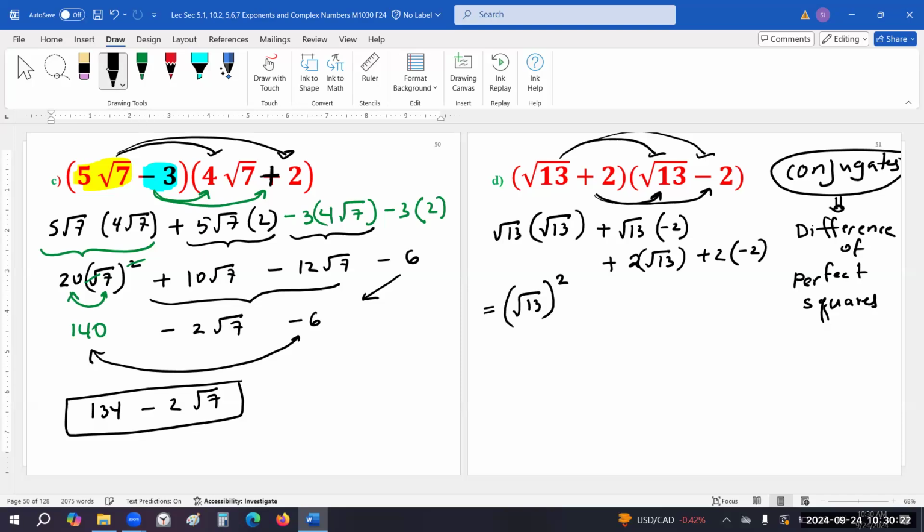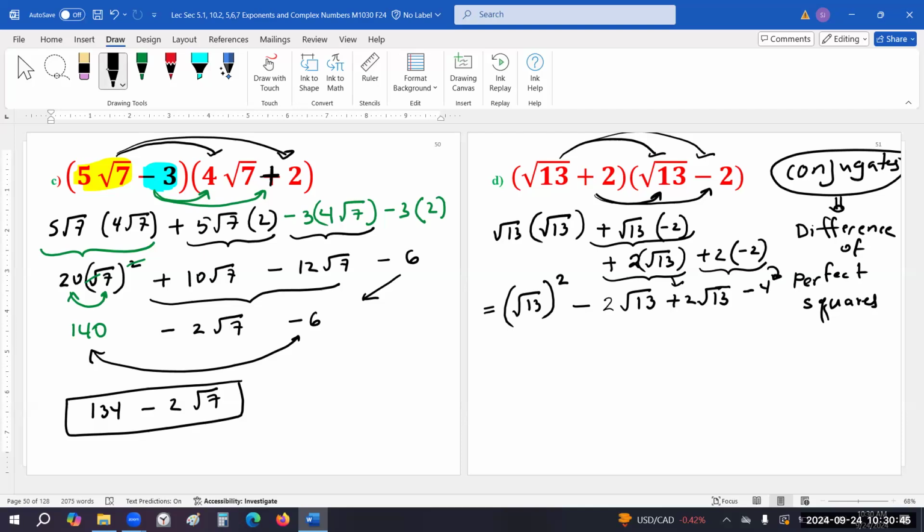Negative 2 times 2 is, plus 2 times square root, plus 4. Plus, I mean, negative 4. From here we get minus 4.